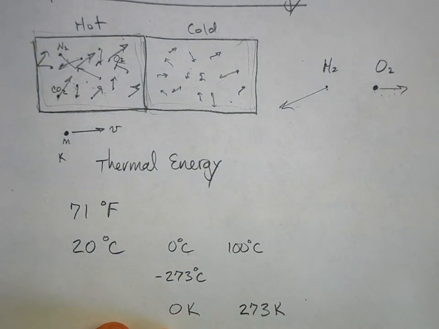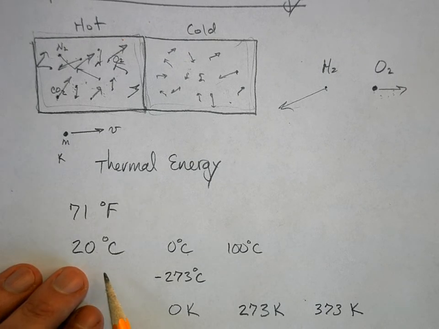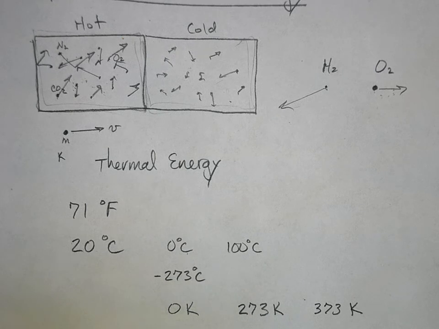And water will boil 100 degrees later at 373 kelvins. And then, okay, nice, comfortable room temperature, about 293 kelvins. Okay, so that's the temperature scale that we're going to use.